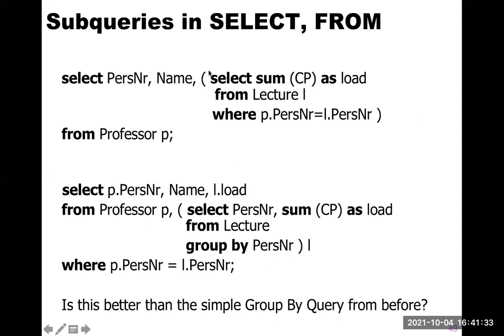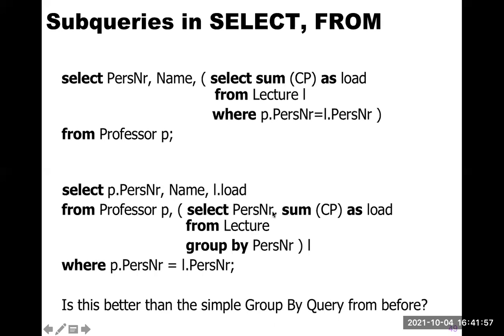Here in the select list I have restrictions on what should be returned: only a single value or some special function. And here there's just another table with an alias, and that's it. So all the lectures grouped by professor number. So there's a table of pairs, professor and sum of points.